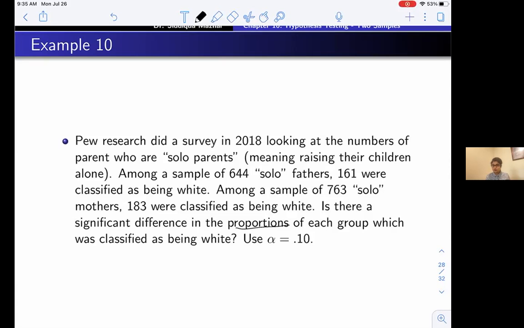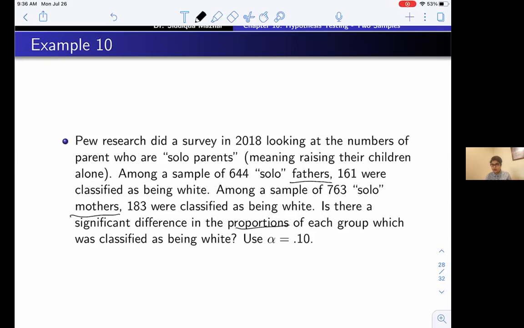So we have two groups. One is the group for fathers, and the second group is for mothers who raise their kids alone. Is there a significant difference in the proportions of each group which was classified as being white?